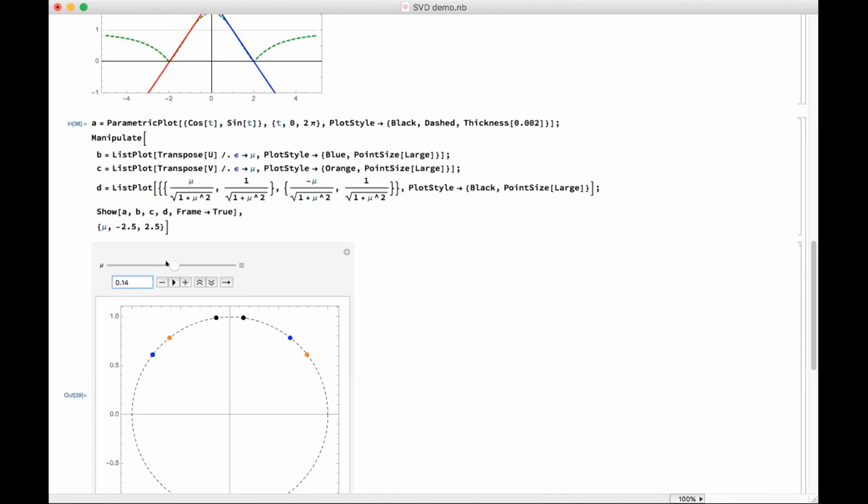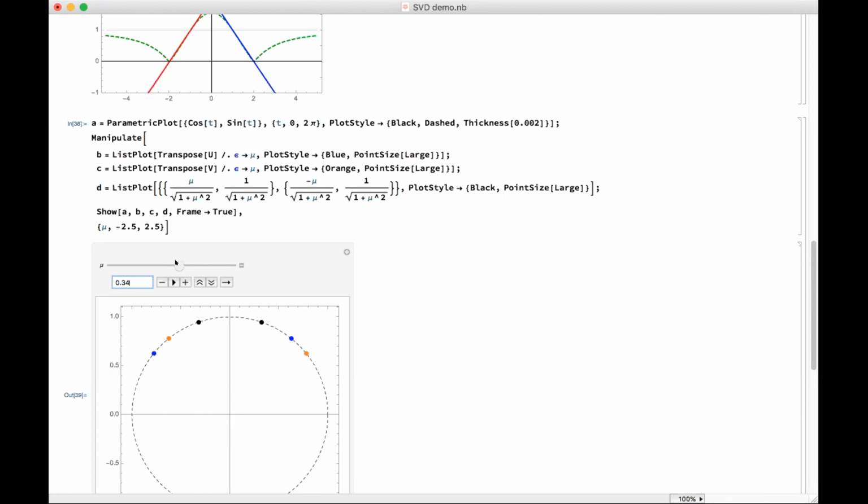Once we move away from the degenerate point, the two eigenvectors change dramatically. And these are the left and the right singular vectors. I forgot which is which, but the two blue ones might be the right singular vectors, and the orange ones are the left singular vectors.